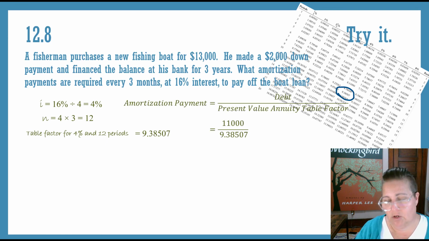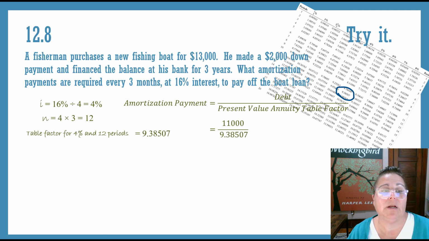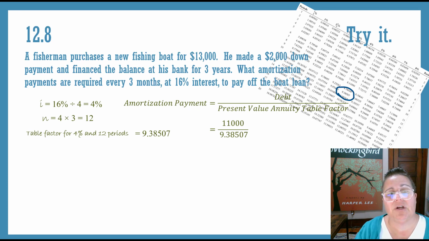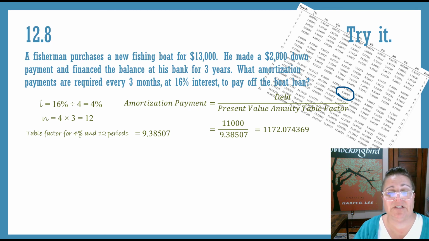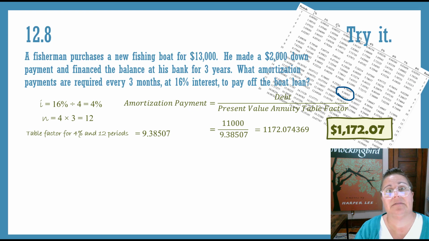His debt would be $11,000. And we're going to divide that by the table factor of 9.38507. This gets us $1,172.07. So every 3 months, he will need to make a payment of $1,172.07. That's every 3 months for the next 3 years.